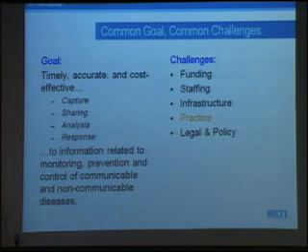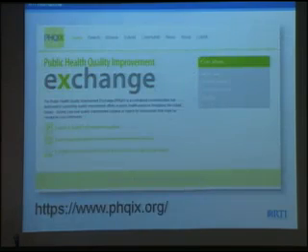So what we did with the help of the Robert Wood Johnson Foundation is we developed a public health quality improvement exchange. And what this does is it really creates a shared infrastructure for public health organizations to upload their programs and their quality improvement practices to share with others.